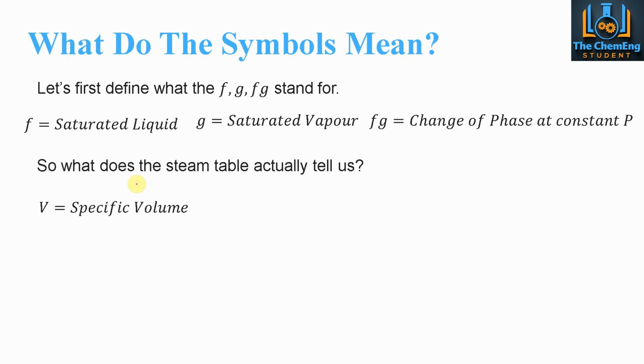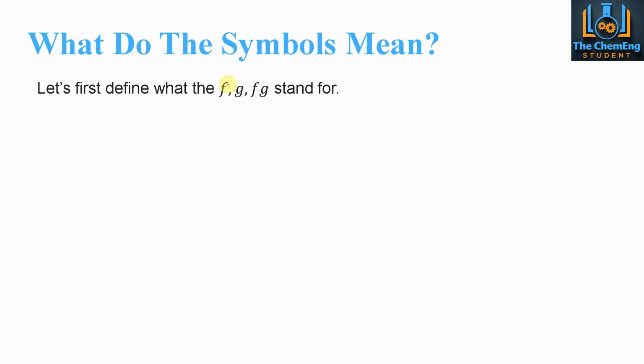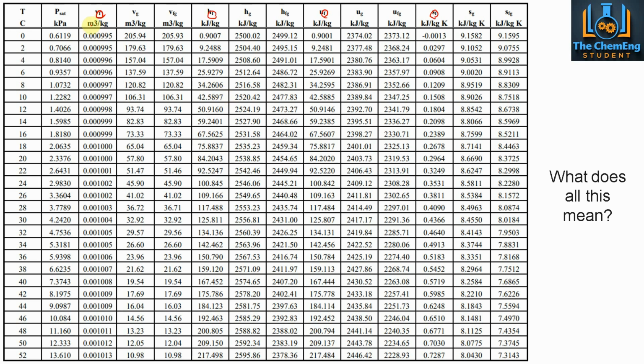If we take a quick look here, it's in meters cubed per kilogram. We can see that at 0 degrees and a fixed saturation pressure of 0.6119, the specific volume of saturated liquid is essentially much lower than that of saturated vapour. That makes sense because the vapour will occupy a higher volume.